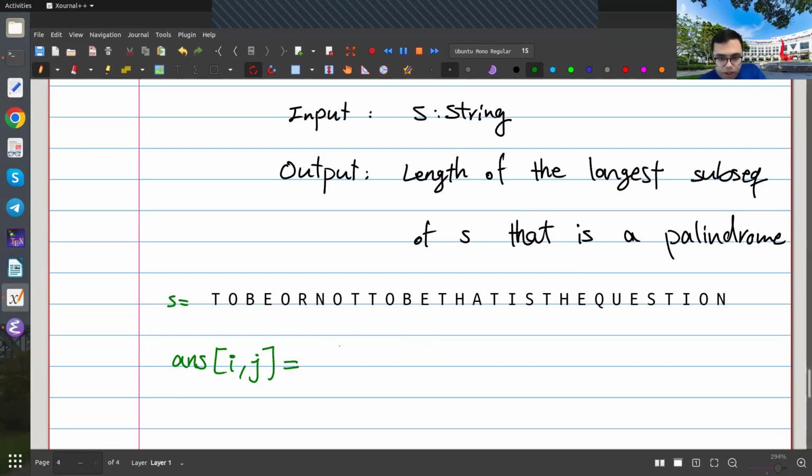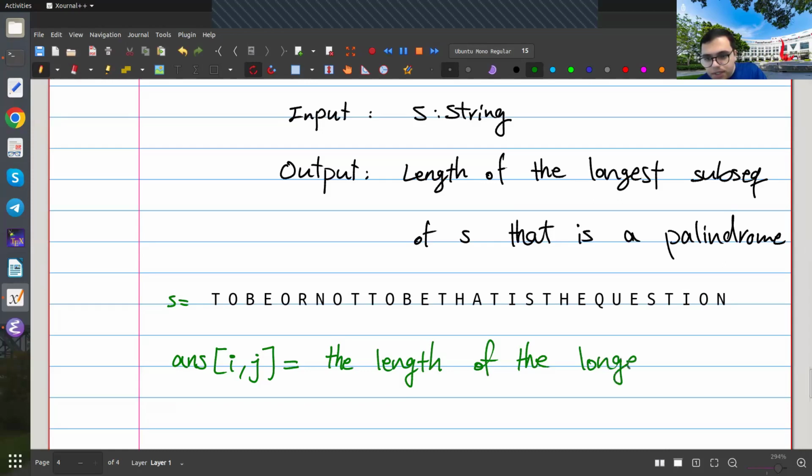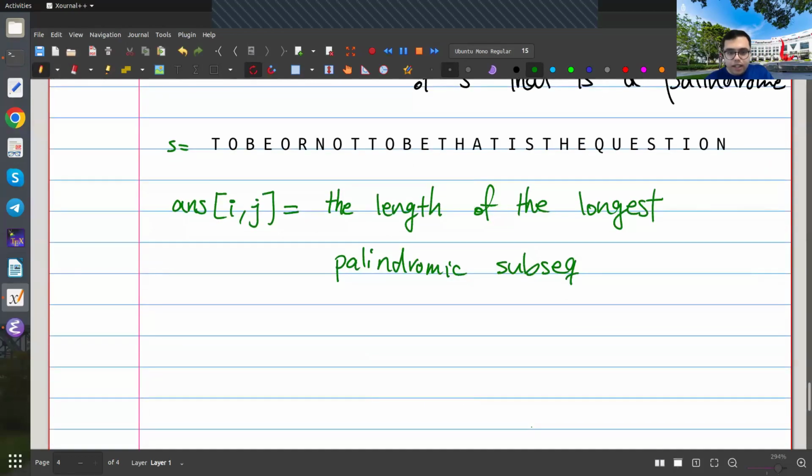Okay, so this is going to be the length of the longest palindromic subsequence if I only have the characters from index I to index J.